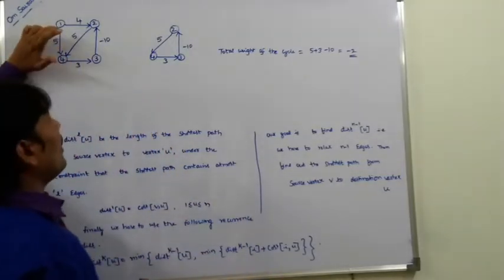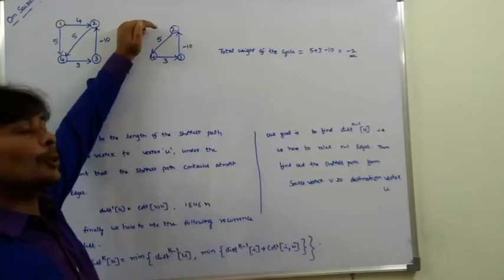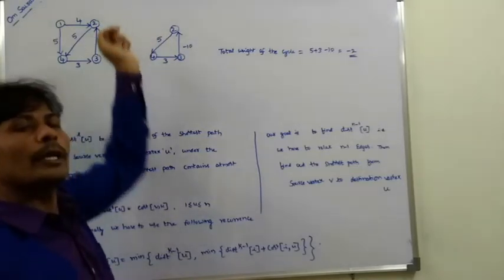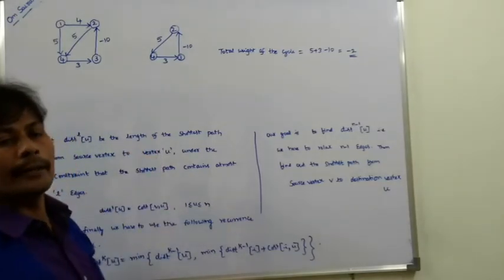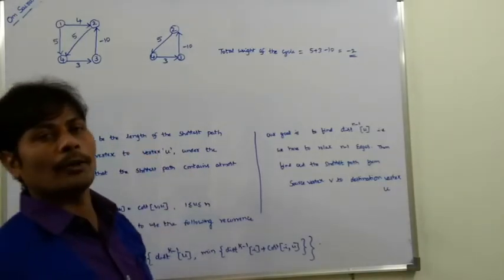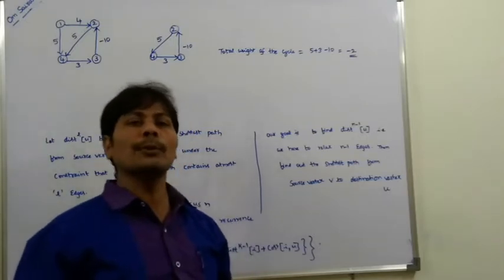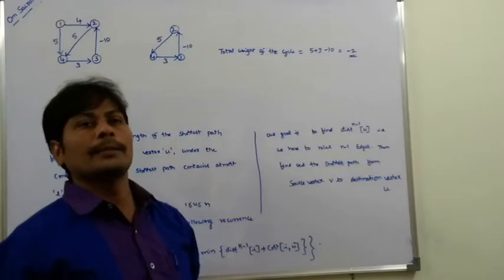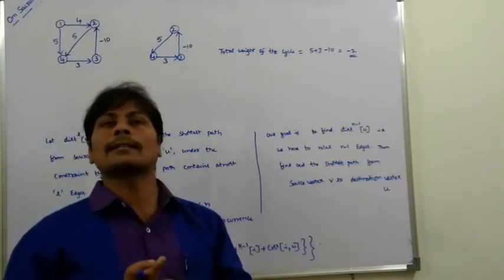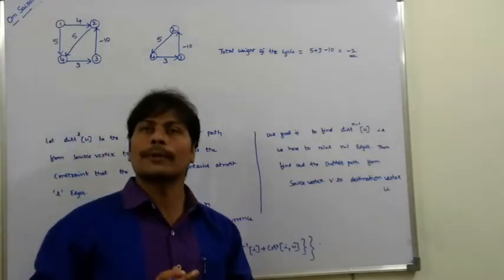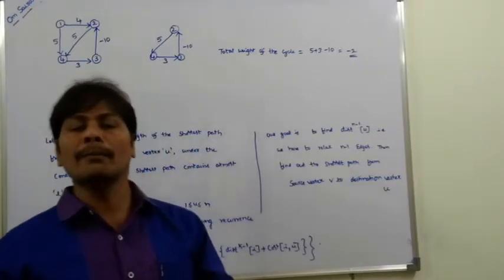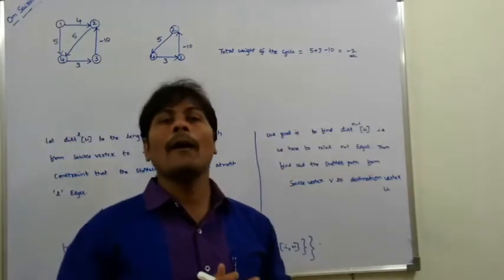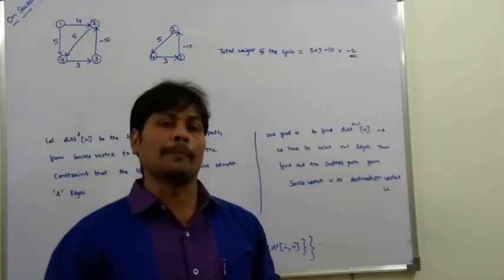Suppose the total weight of the cycle is positive, then we can use the Bellman-Ford algorithm for finding the shortest path from the source vertex to all the remaining vertices. Since the total weight of the cycle here is negative, the Bellman-Ford algorithm cannot be used. This is the drawback of the Bellman-Ford algorithm.